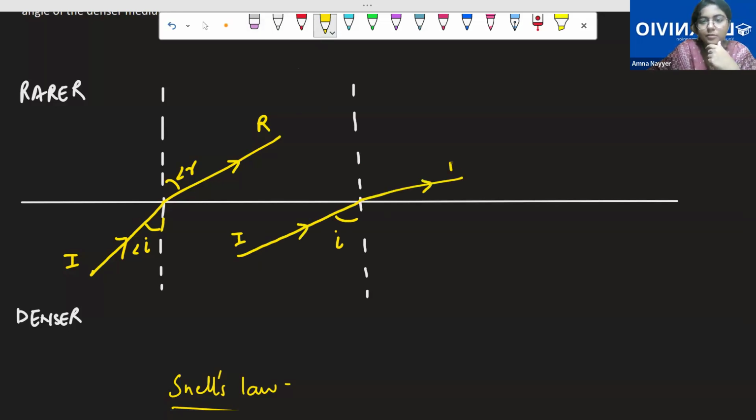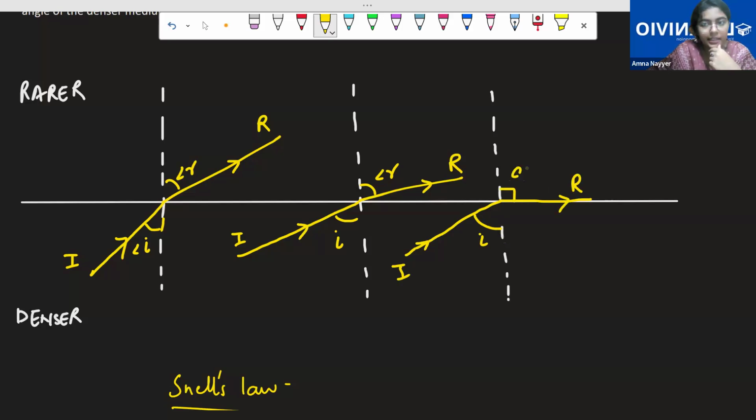The angle of refraction also increases further. Let's say we have increased it once again, one more time. When you increase it, this is the angle of incidence. Here the refracted ray just grazes over the surface, meaning the angle of refraction is how much?